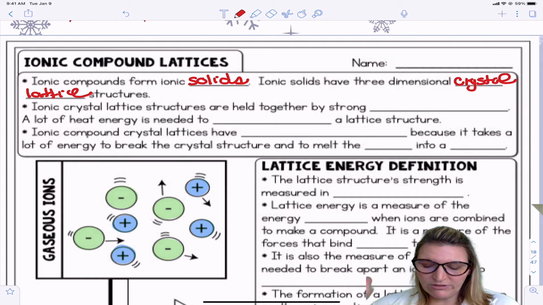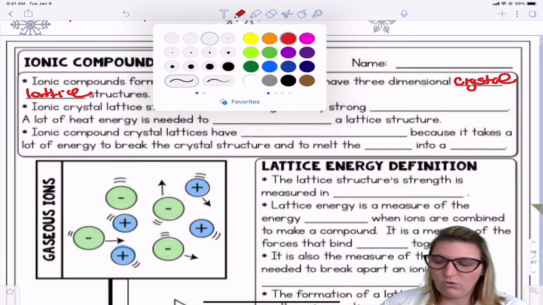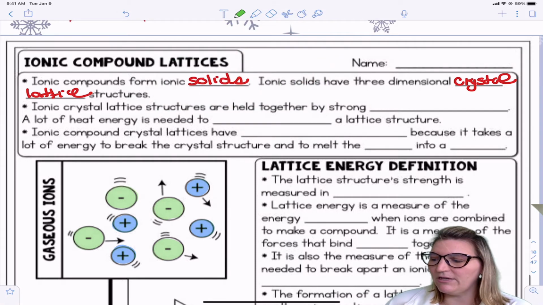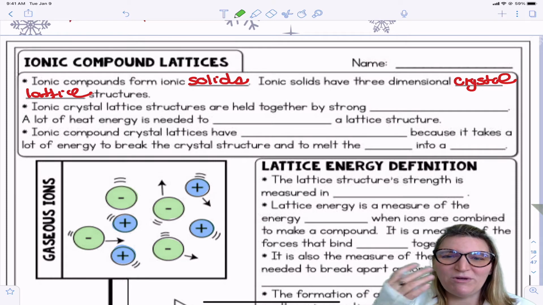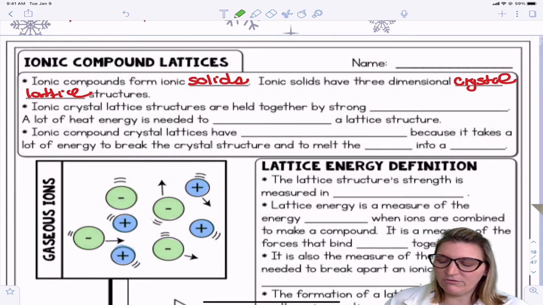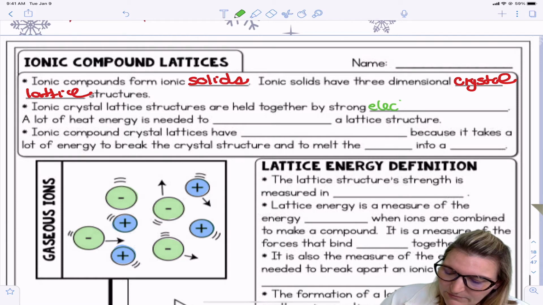What actually holds the ionic crystal lattice structure together? Well, they're held together by very strong opposites attract, and what it really is called is the electrostatic force.